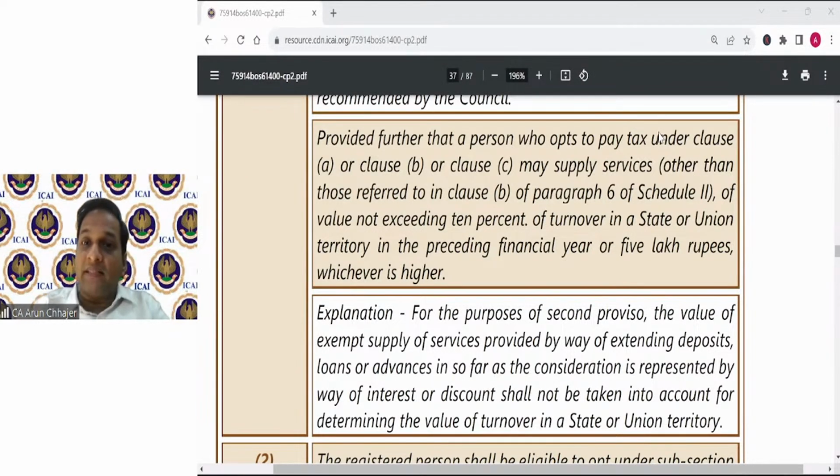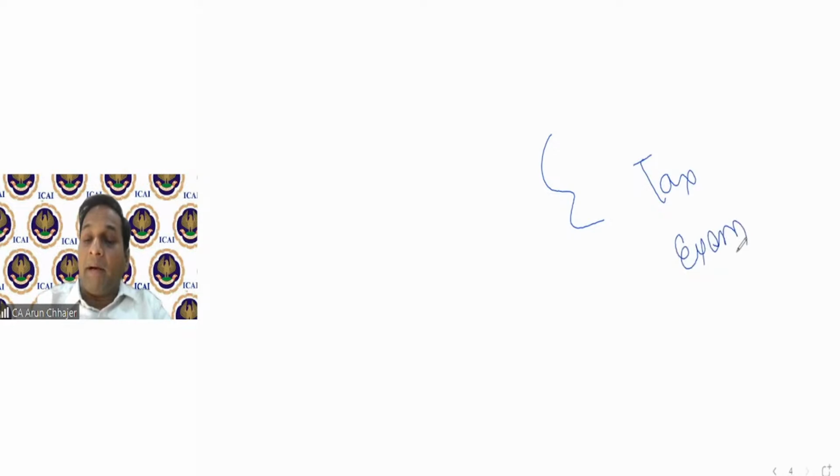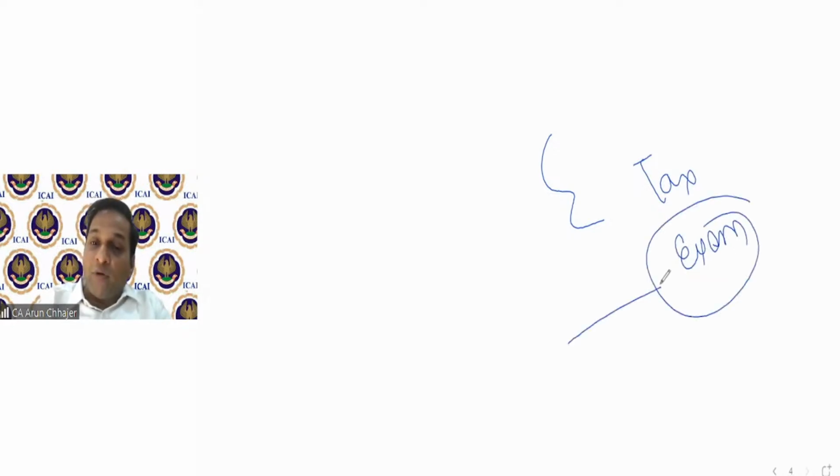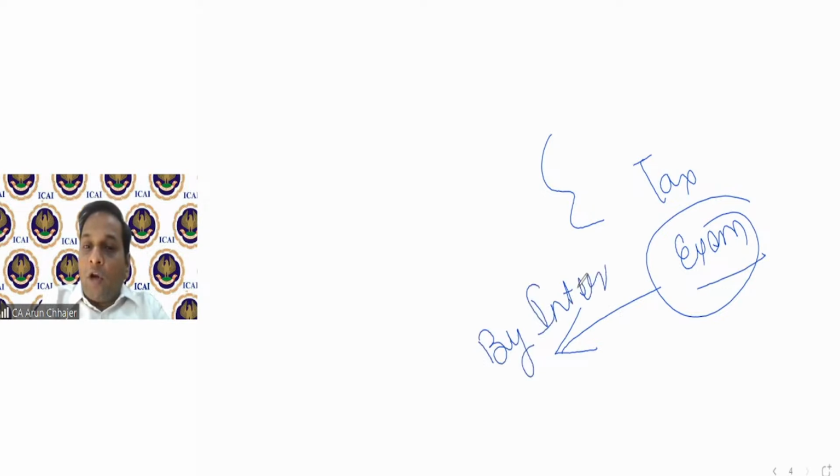Now we know that turnover in the state or UT will also include taxable supplies and exempt supplies. Everything would be added, whether it is taxable or exempted. But for the purpose of this proviso, only the exemption by way of interest or discount on long-term loan or advances will not be added. So I can say they have given certain relaxation.